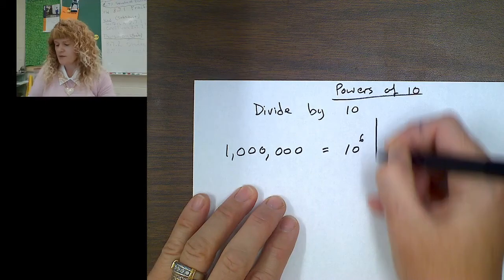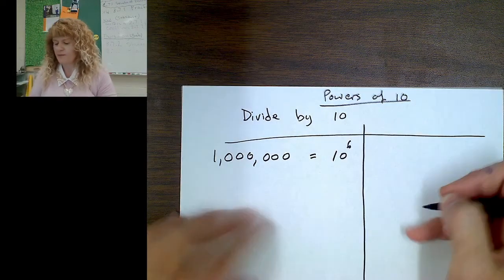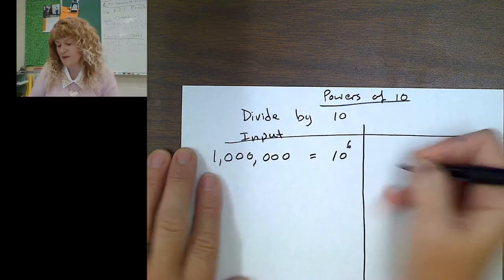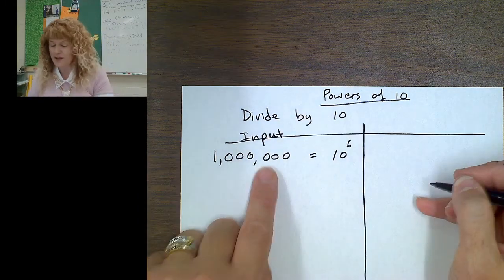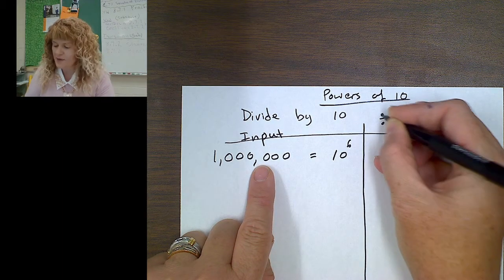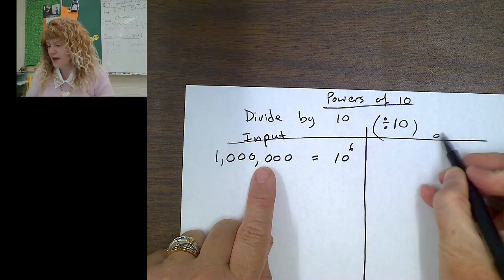This is my input. We might as well make this a review of input-output functions, right? Input, and then my output is divided by 10. I'm going to take my input and divide by 10 to get the output.